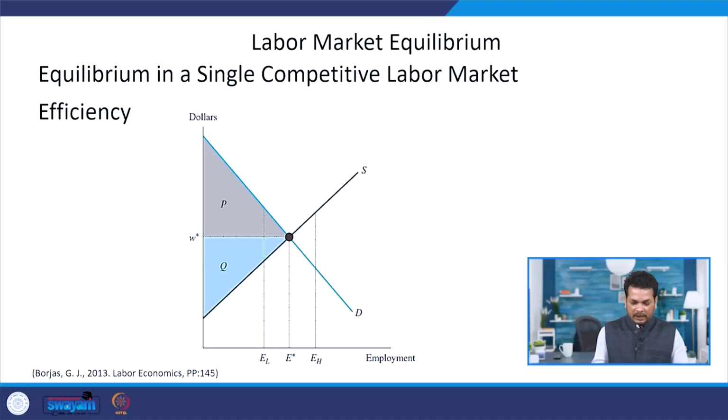If you want to see why we consider this E star as the maximum gain which we get from this trade, let us say EH amount of employment. Now, what is happening at this EH amount of employment? What is happening at this EL amount of employment?